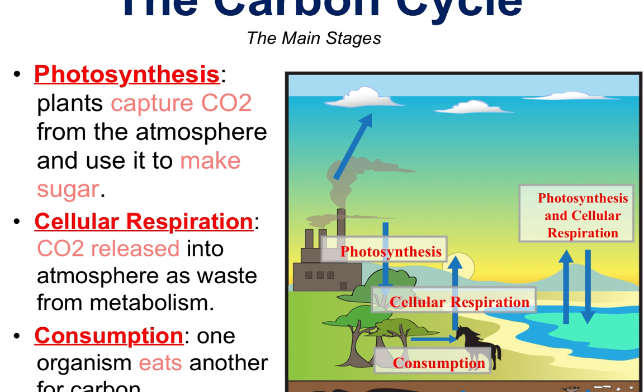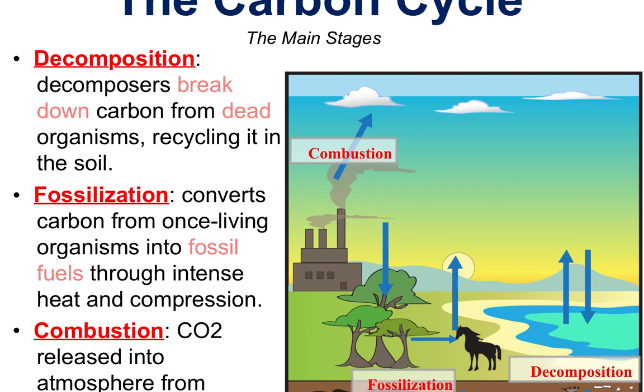And then, of course, consumption: one organism is going to need another organism, and carbon is used in that form. Decomposition is the breakdown of these large carbon molecules into more useful things. Decomposers break down carbon, usually when organisms die, and they're basically recycling that carbon back into the soil.